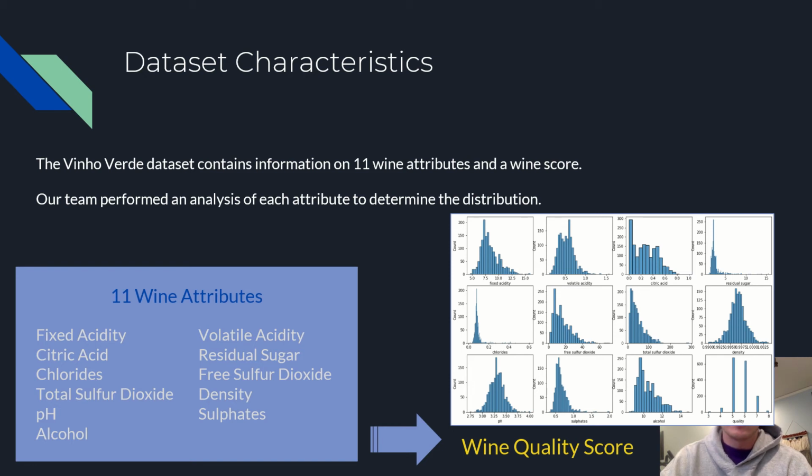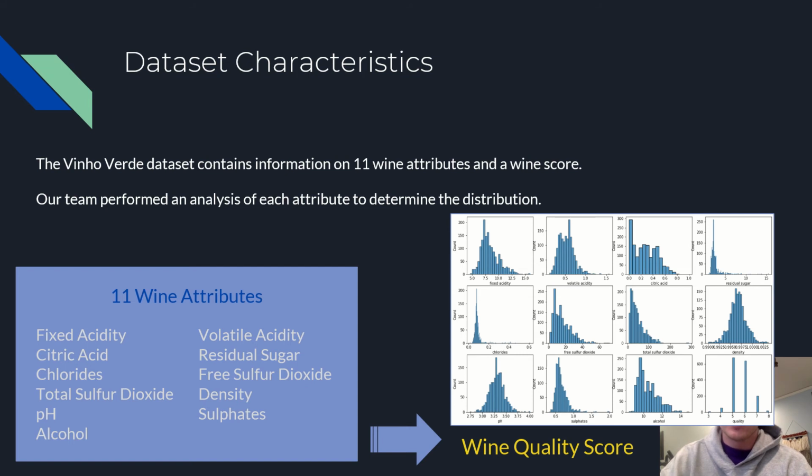The 11 attributes include fixed acidity, volatile acidity, citric acid, residual sugar, chlorides, free sulfur dioxide, total sulfur dioxide, density, pH, sulfates, and alcohol. Our report includes a detailed description for each attribute and tells what each attribute means and how it can influence the taste of a wine.